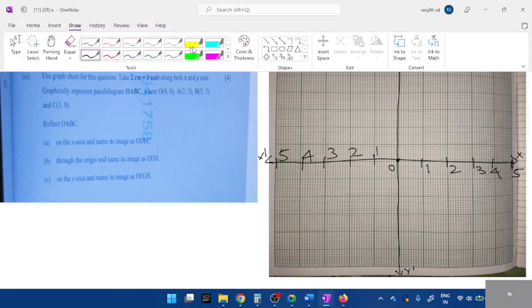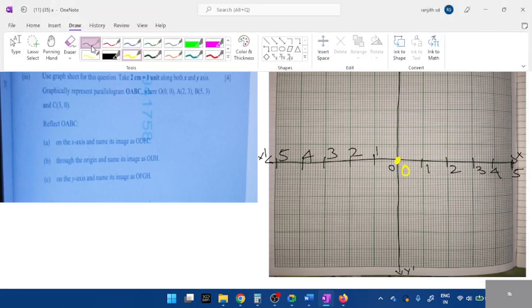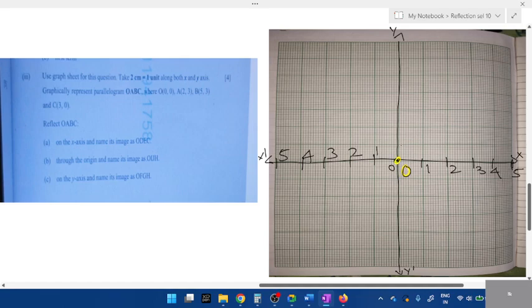Look here, 0, 0. This is the first point, 0, 0. That is, take it as O. Next is 2, 3.